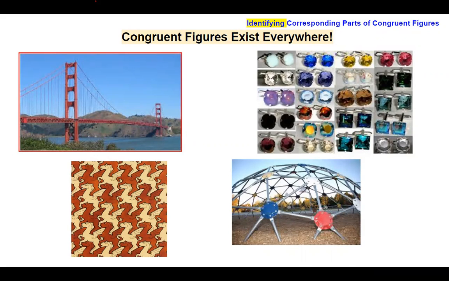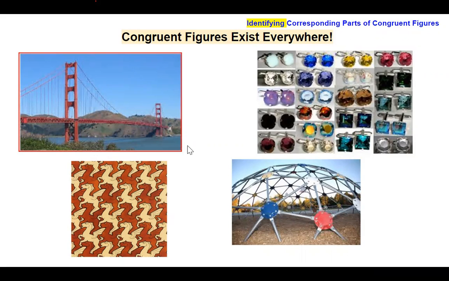Let's see what else. The stripes on the flag. The doors on the cabinets over there. Basically, anything has a corresponding part once it's been replicated many, many times. Yes, the pencil. The posters, yes. Anything you can think of, if it has a copy of it, it's going to be considered congruent to each other. We have to correspond the parts to it.